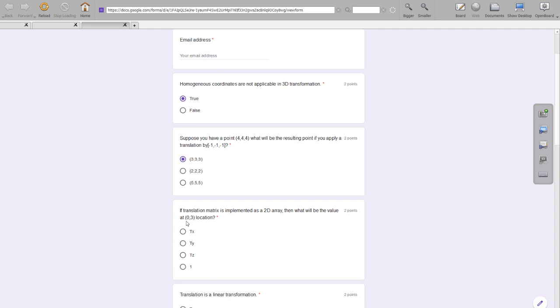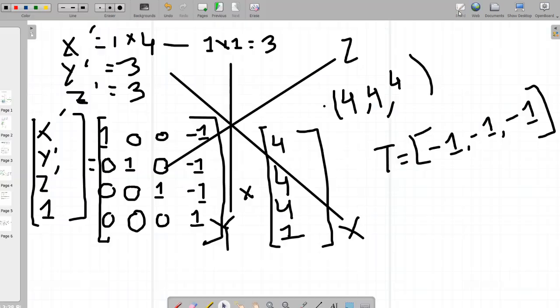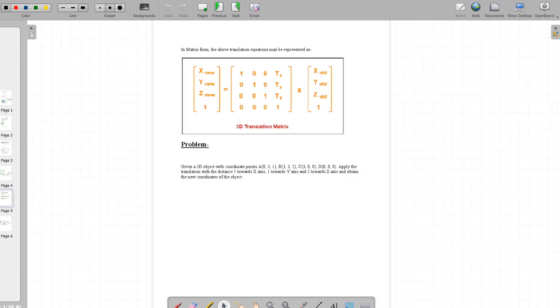And the question goes like, if translation matrix is implemented as a two-dimensional array, then what will be the value at 0 3 location? So you can think of the translation matrix as a two-dimensional array. So we can assign array locations to them 0 1 2 3.